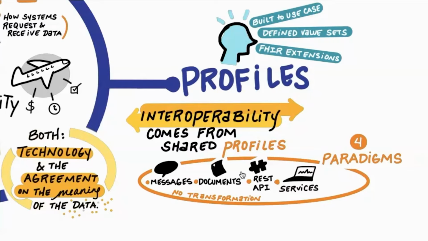So if you got, say, a lab result from a REST API, specified according to a FHIR profile, you could take that lab result and put it in a document, cut and paste like, or you could take that lab result and put it in a message to another system like an HL7 V2 message, or because FHIR is inherently machine readable, you could use that lab test in some decision support service, for example, and it is computable as is because it is specified according to a FHIR profile.